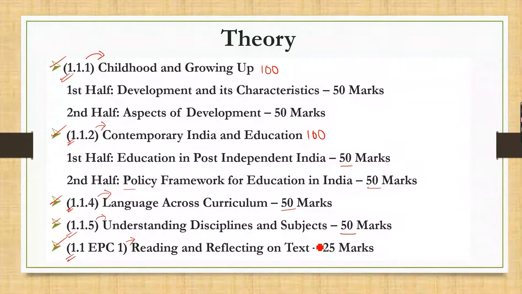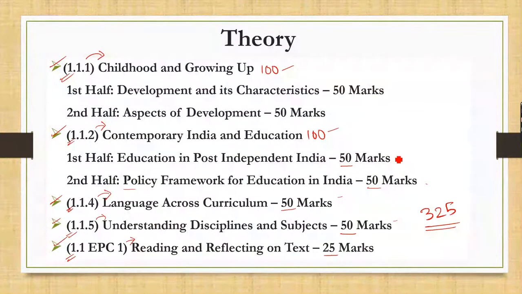Then 1.1 EPC1. EPC is enhancing professional capacities. Okay, so reading and reflecting on text, it's going to be of total 25 marks. So basically you can see here clearly that you have a total of 100, 100, 50, 50, 50, 50 and 25, which comes up to be your 325 marks. 325 total marks for your theory.